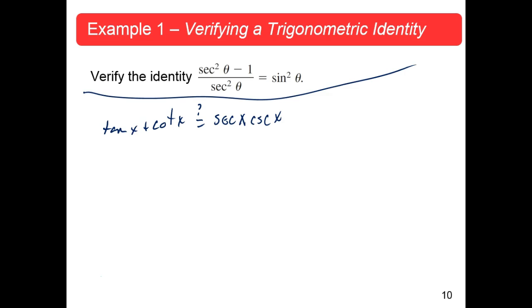So you tell me. Let's start with tangent. What's that in terms of sines and cosines? That's sine x over cosine x. What is cotangent? Cosine x over sine x. Now, the book doesn't usually like to do this. I do. What is secant x?